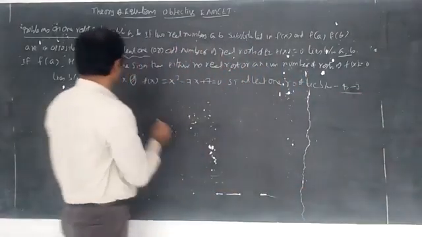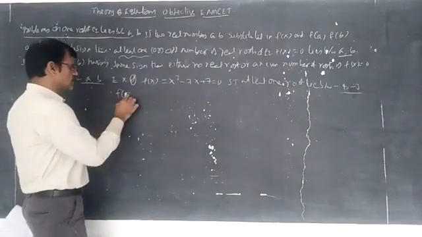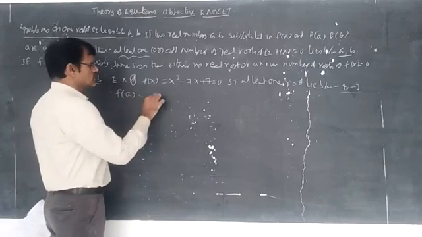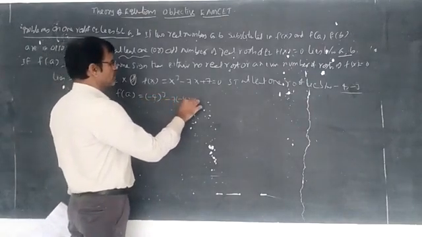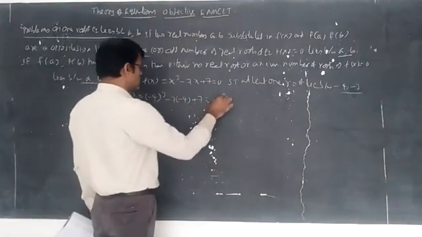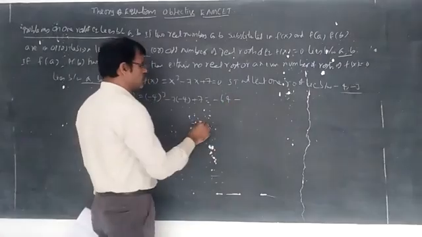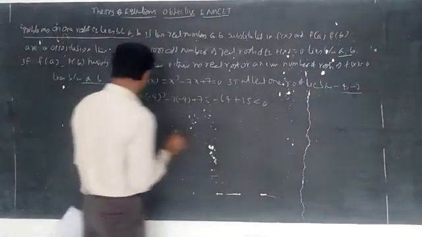Now you can understand f of a. Simply substitute the value here: minus 4 whole cube minus 7 into minus 4 plus 7, that is minus 64 plus 28 plus 7, so it is minus 35, less than 0. Keep aside.